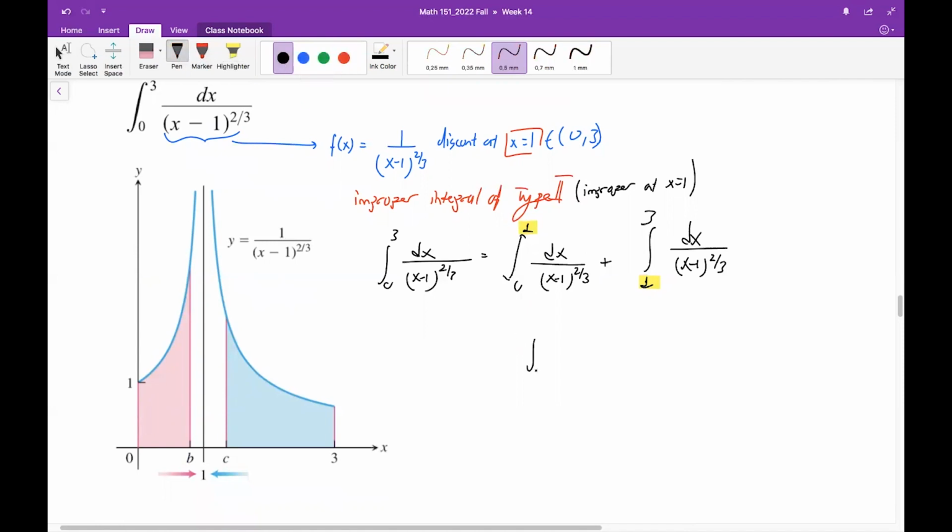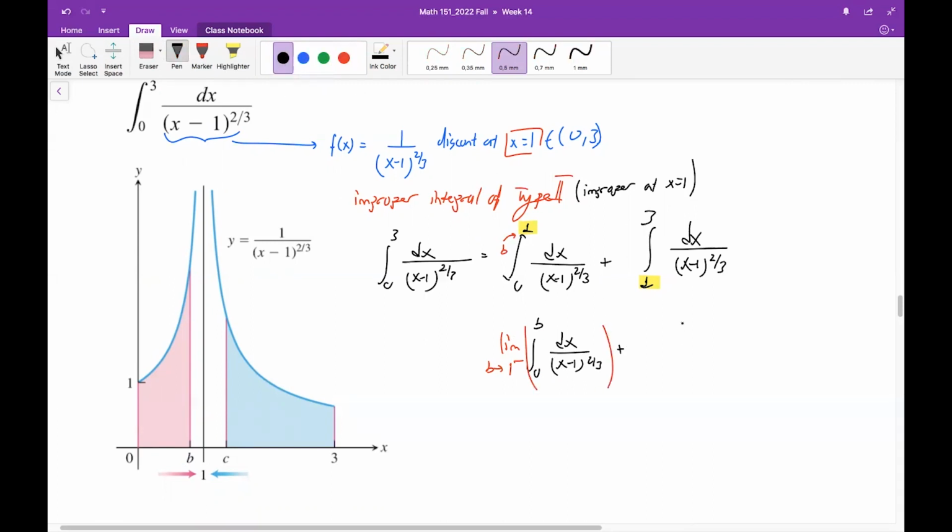For the first integral, I name the upper limit as b. And then I will send b to the point 1 from the lower direction, like this. So this one-sided limit will be applied. Sorry, from the lower direction means from the left. And for the second integral, I will do a similar operation.